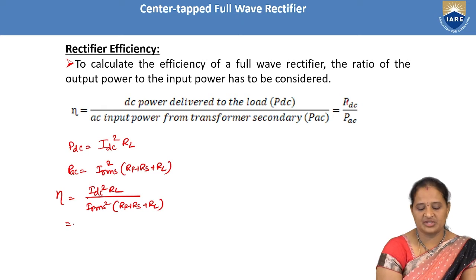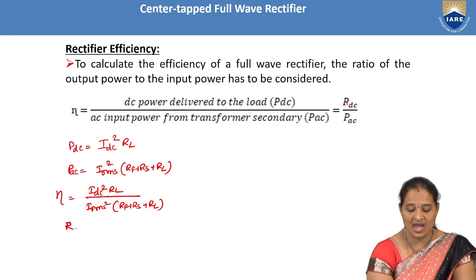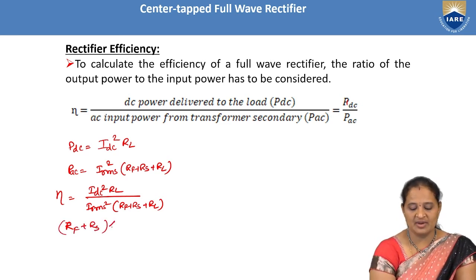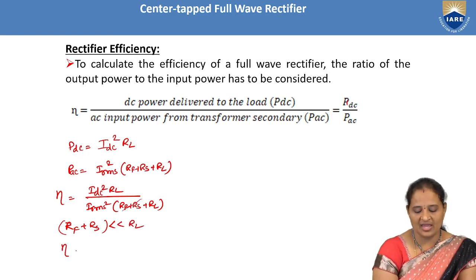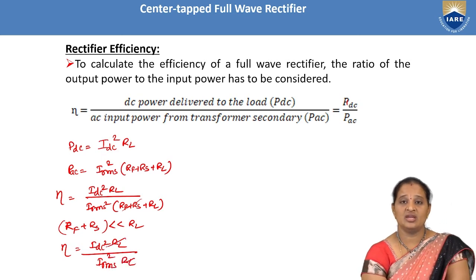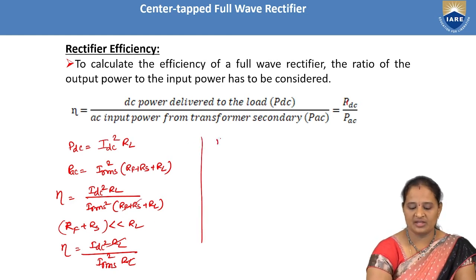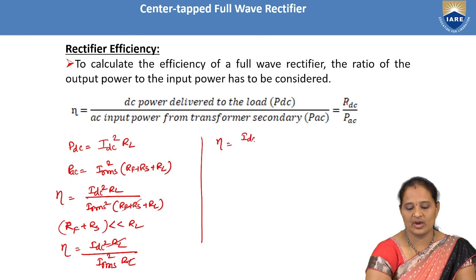Before substituting the values of IDC and IRMS, I am considering that RF plus RS is very much less than RL, and hence I can neglect it. So I get IDC square into RL divided by IRMS square into RL. This gets cancelled, so now we have efficiency equals IDC square divided by IRMS square.